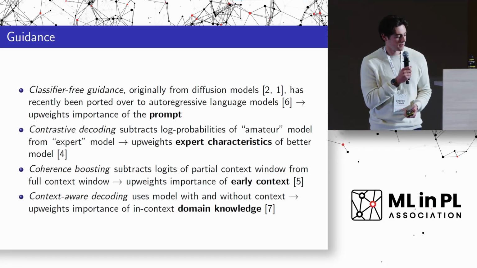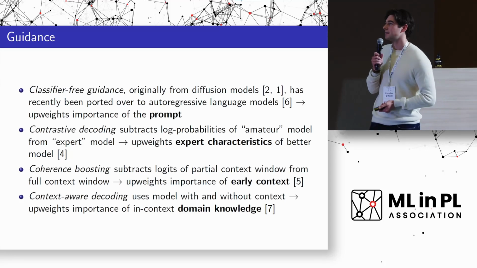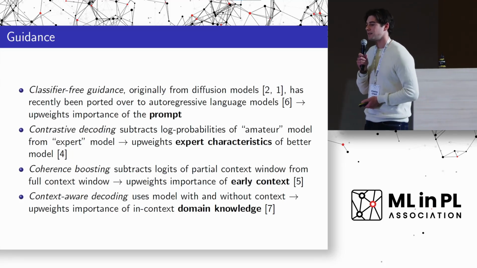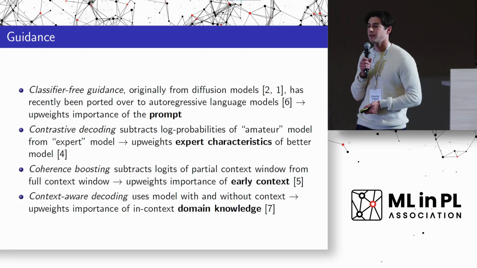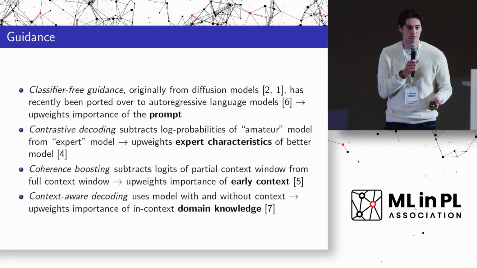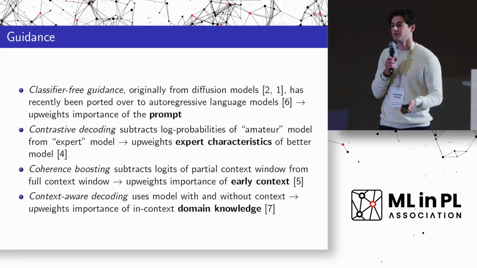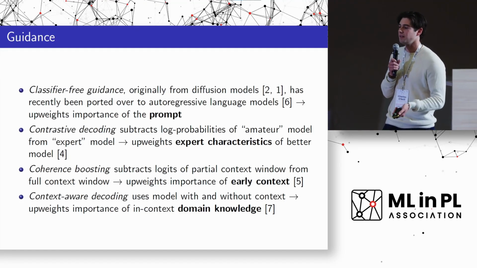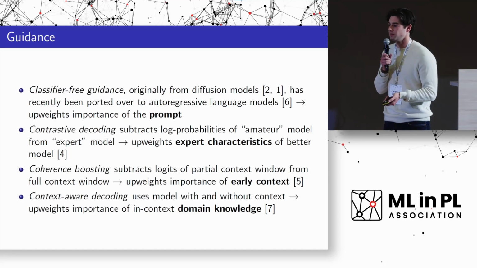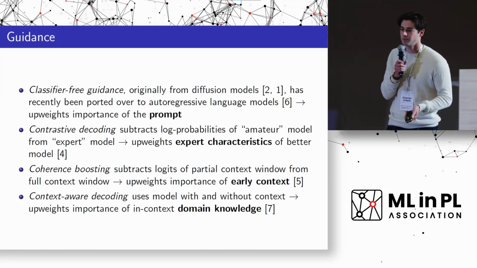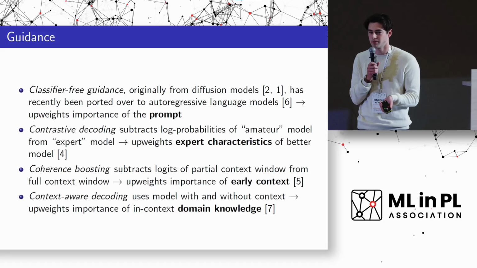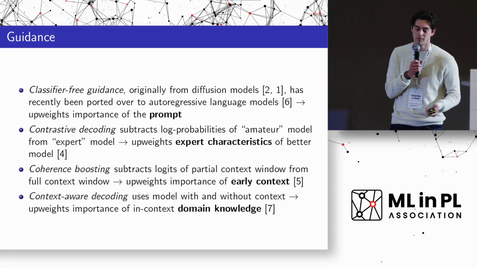So classifier-free guidance simply looks at the probability of tokens with and without some additional prompt. You might generate a probability distribution with the prompt, as we normally do, and then without. And then all they do is subtract the distribution without the prompt from the distribution with the prompt. You can imagine that this increases the probability of tokens that adhere to the prompt better.